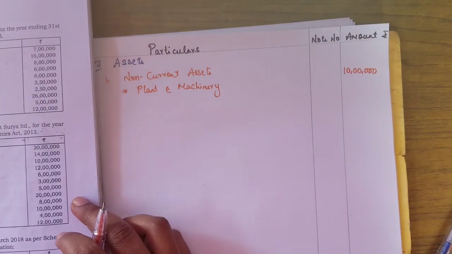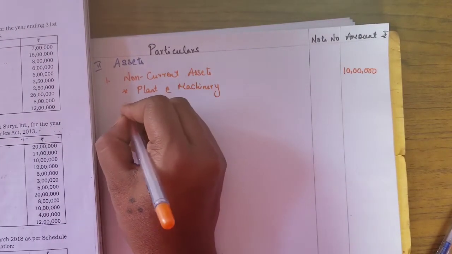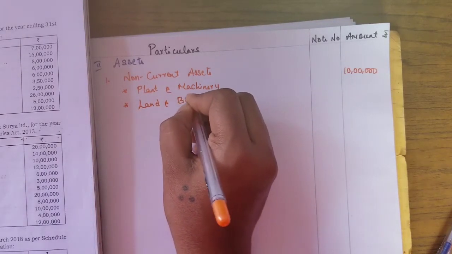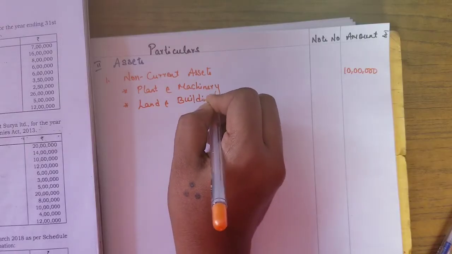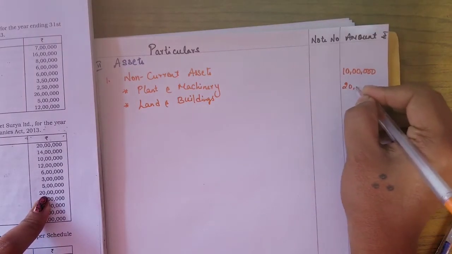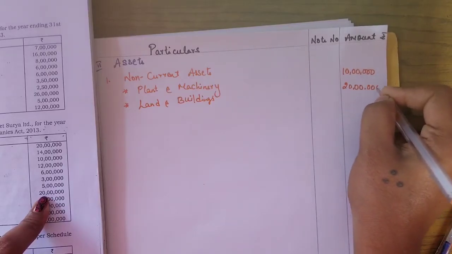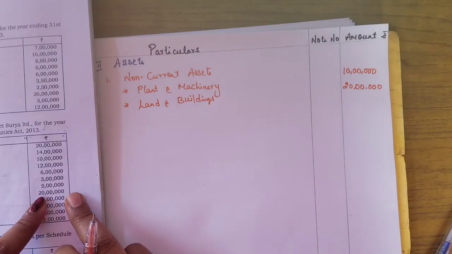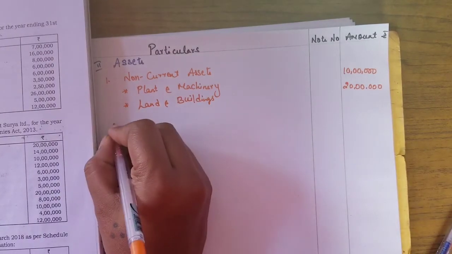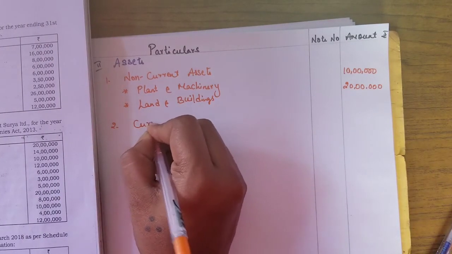And next again we have land and building. Land and building amounting rupees 20 lakhs. Okay, then that's all about the non-current. Next we have current assets.